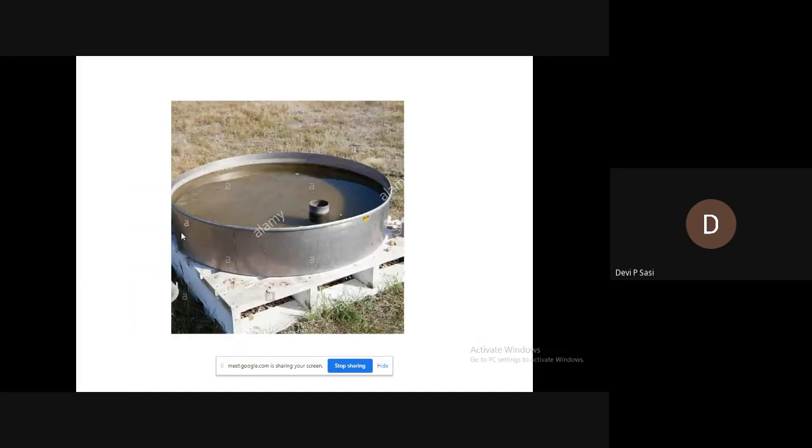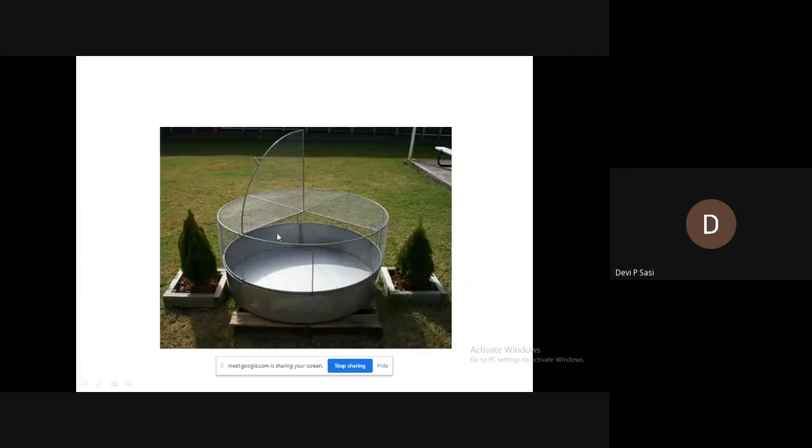It is provided with hexagonal wire netting of galvanized iron mesh in order to protect the water contained in the pan from birds, and also to maintain a uniform temperature throughout day and night.